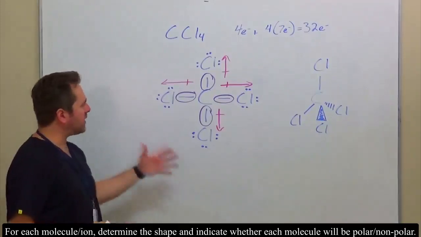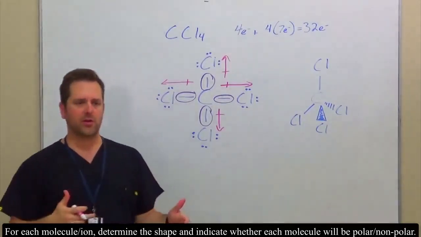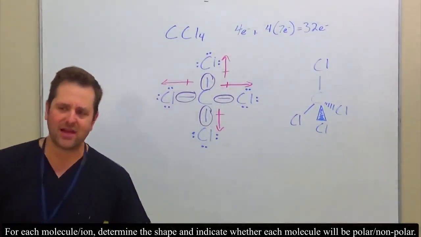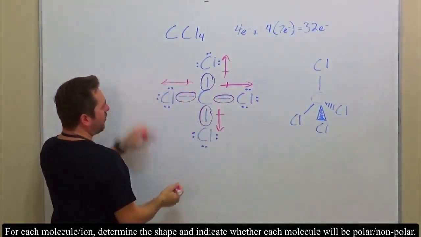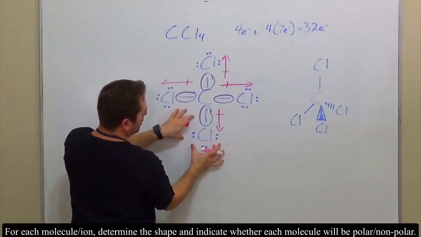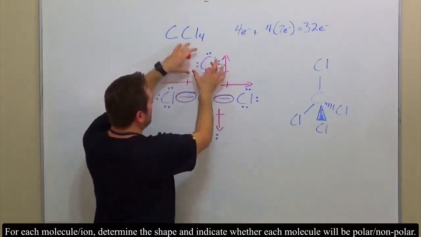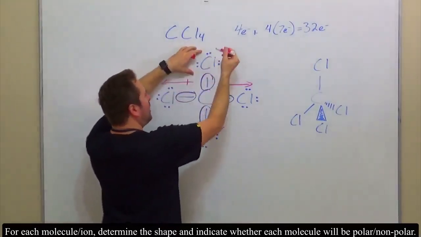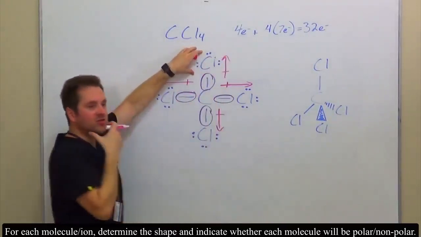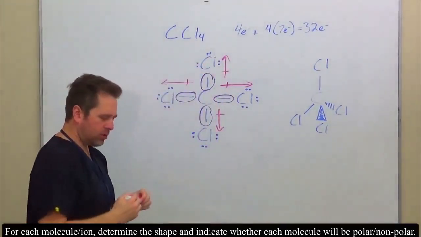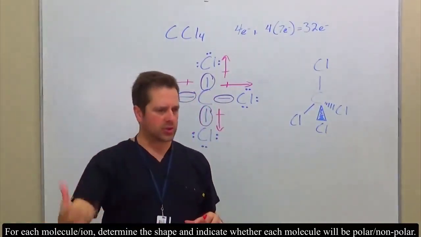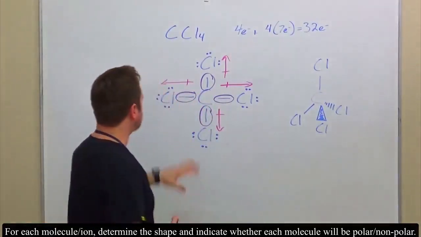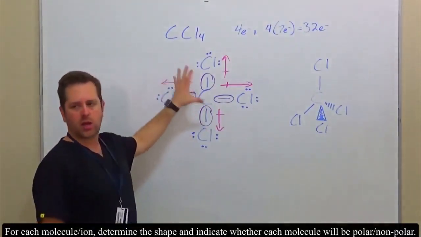Now the question is, how can these chlorines outcompete one another? The answer is they can't. The pull by this one is canceled by the pull on that one, and the pull on the electrons by this chlorine is canceled out by the pull by this chlorine. So because no one chlorine is more electronegative than the other, we would say this molecule as a whole is non-polar.